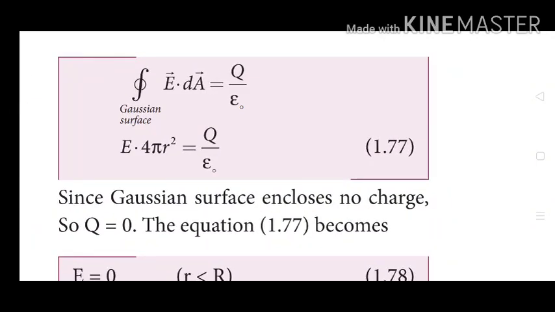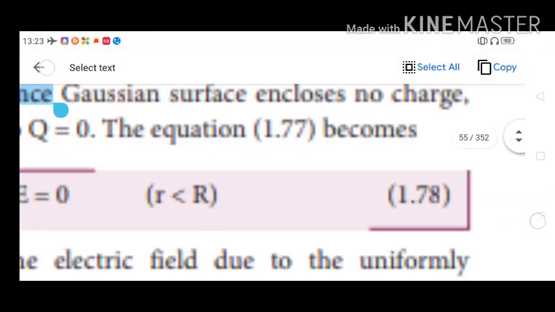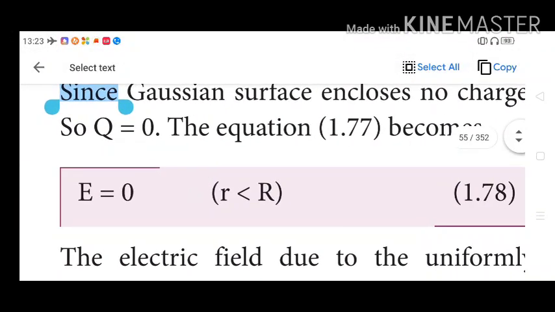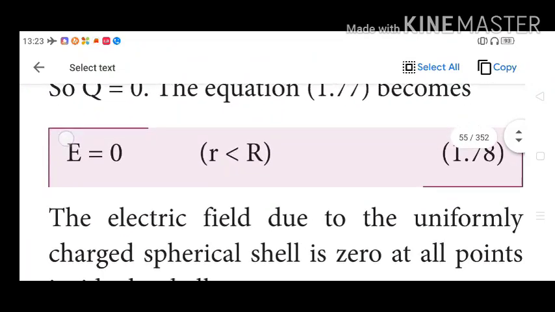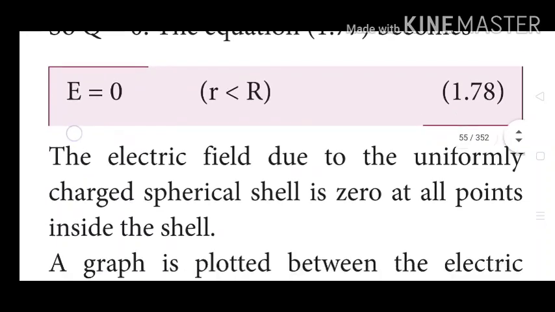E into 4 pi r square is equal to Q by epsilon naught, since the Gaussian surface encloses no charge. So Q is equal to 0. The equation 1.77 becomes E is equal to 0 because there is no charge located inside. So the electric field due to a uniformly charged spherical shell is 0 at all points inside the shell.